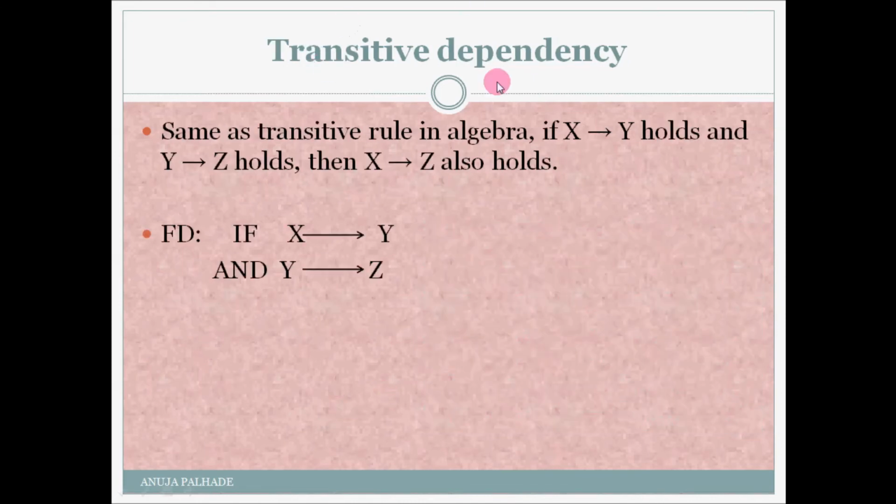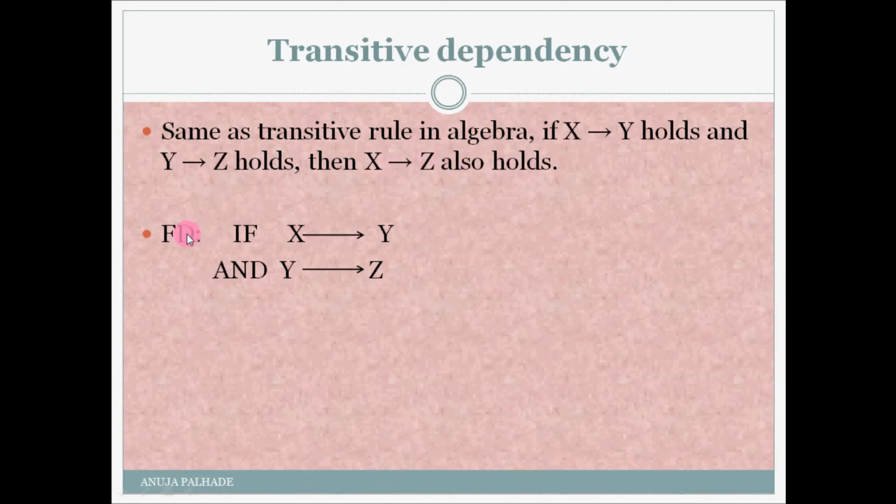Now move to the transitive dependency. It is a very simple and very important property from the point of view of Armstrong's axioms. It is the same as the transitive rule we learned previously in algebra. If X determines Y holds and Y determines Z holds, then obviously X determines Z holds.